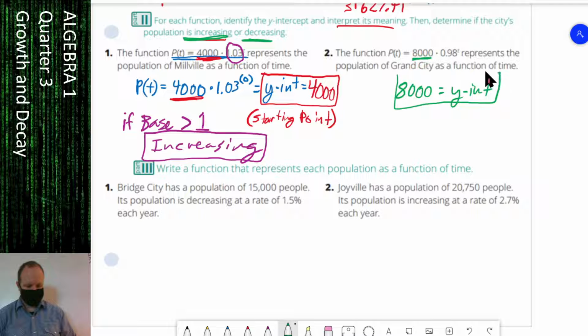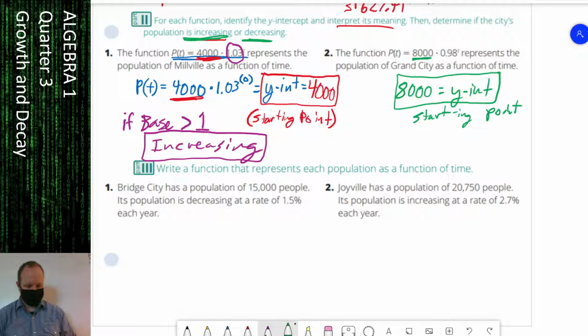We could plug in 0 for t, for year 0, our starting point. However, it's just going to give us this number. So the next town, Grand City, is starting at 8,000.